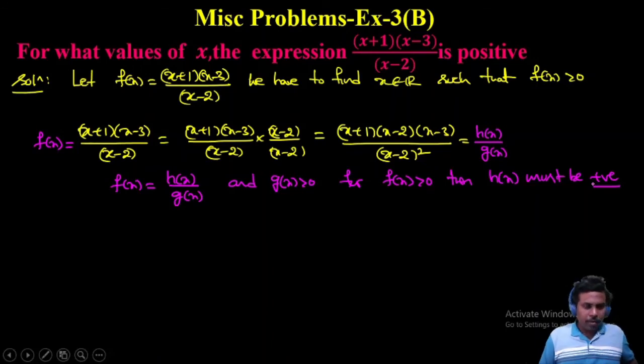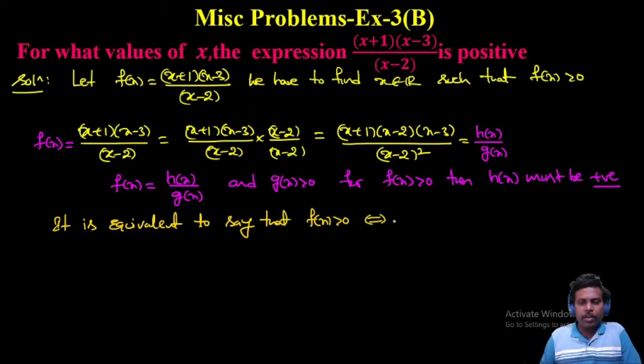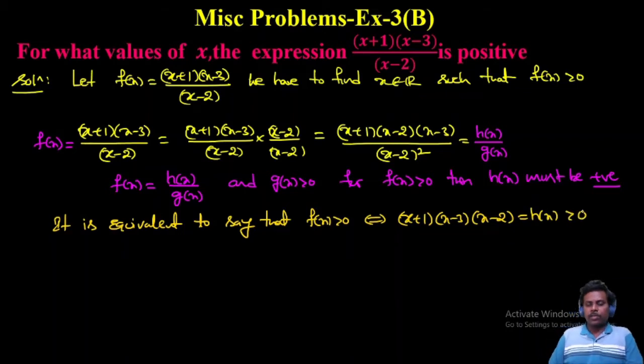So it is equivalent to say that f of x is positive if and only if (x plus 1) into (x minus 3) into (x minus 2), which is h of x, is positive. Now let us find for what values of x h of x is positive.